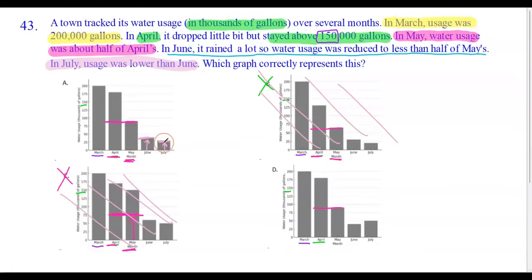You can just see the height of the bar graphs. July's height is lower than June, so it's probably A. But let's look at D as well. Is July lower than June? No. Here you can see that July is higher than June, so D is gone, and A is my final answer.